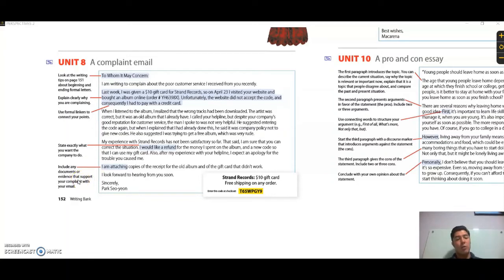This will support your complaint and will help you a lot to get exactly what you want the company to give you. So read this part, guys, and I'll see you on page 103 to continue with the questions.